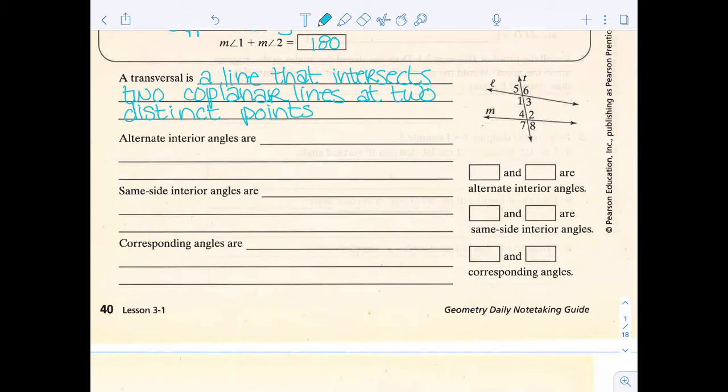Alternate interior angles are inside the two parallel lines, or two coplanar lines if they're not parallel, and on opposite sides of the transversal. So angles 1 and 2 are alternate interior angles.